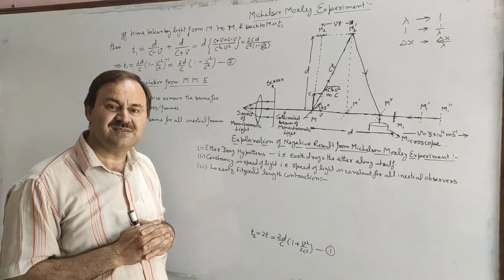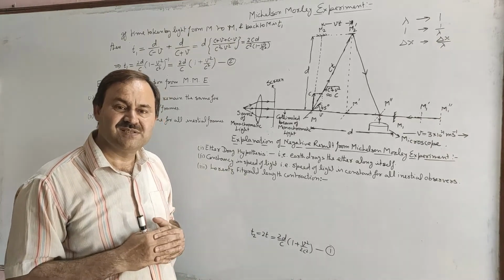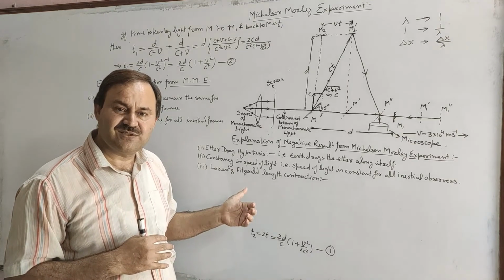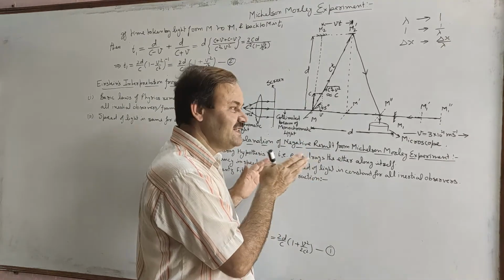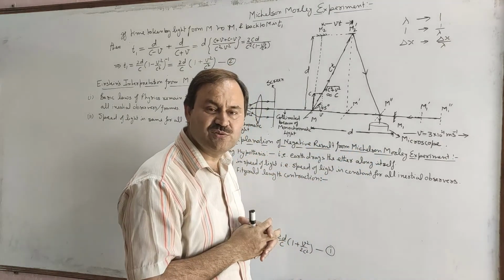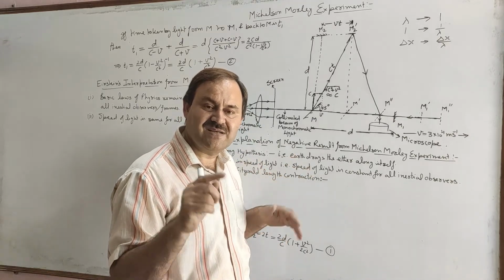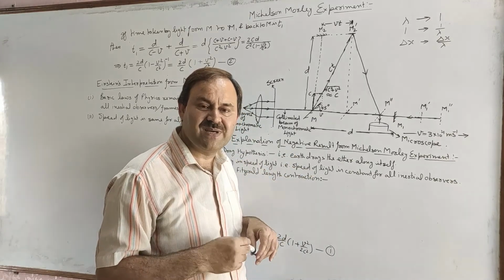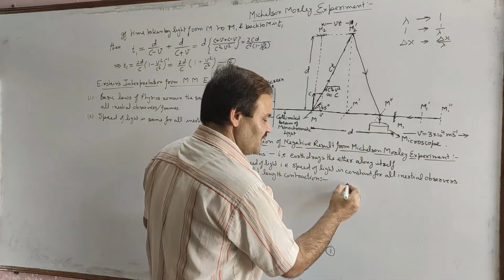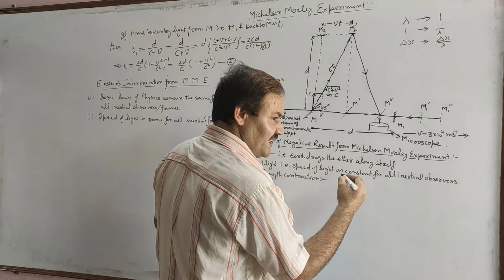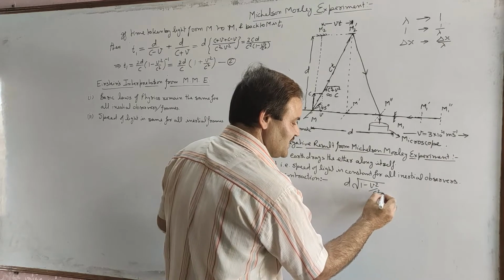The third thing, the Lorentz and Fitzgerald length contraction. Lorentz and Fitzgerald said that the length of the path covered by light along the direction of motion of earth shortens by a factor under root 1 minus v square by c square. It means this distance d shortens by a factor under root 1 minus v square by c square.